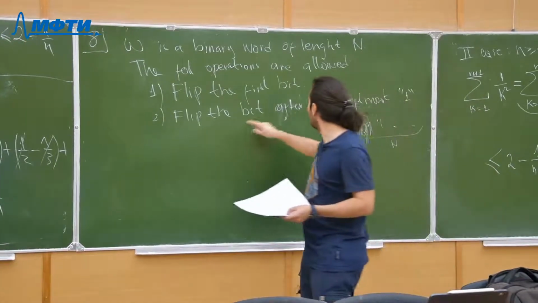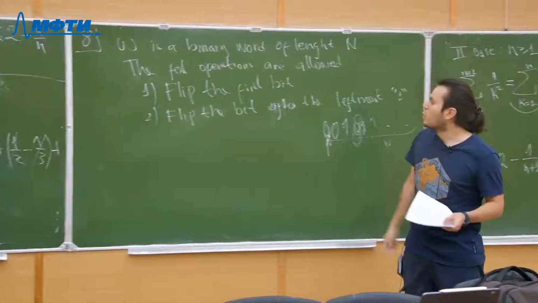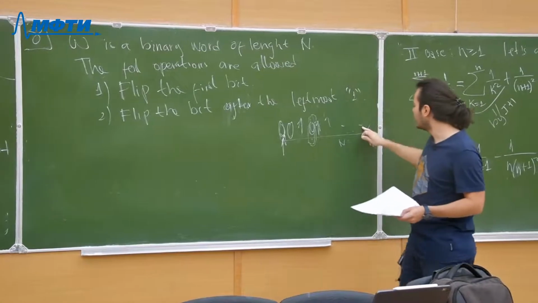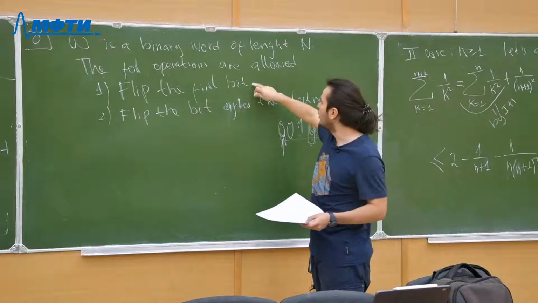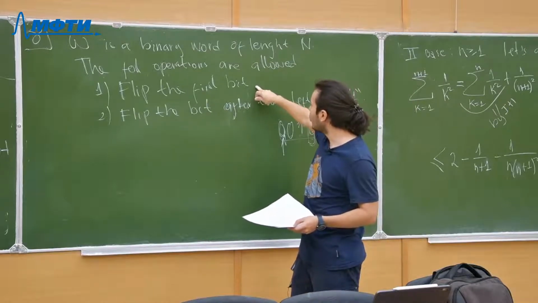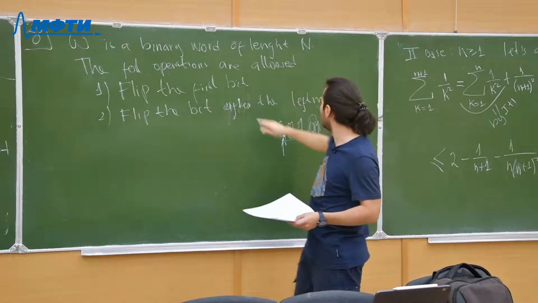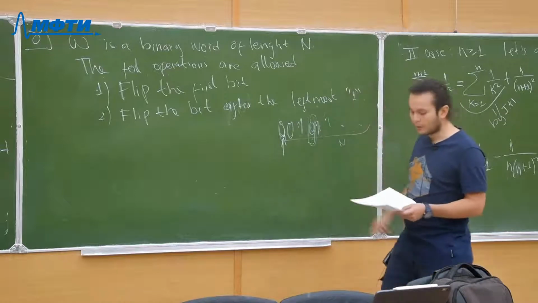Okay, so flip the bit after. Yes. So we have a word of length n, and we are allowed to do two things to this word. Okay.